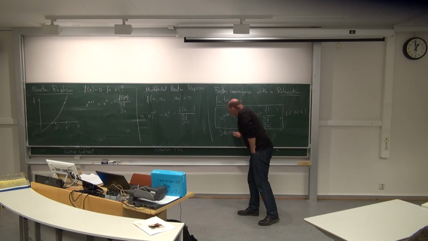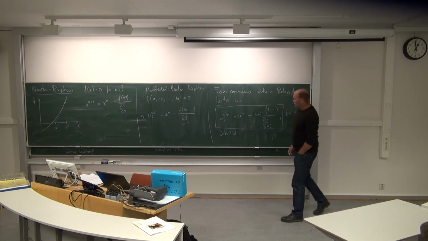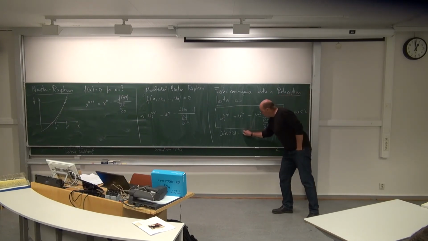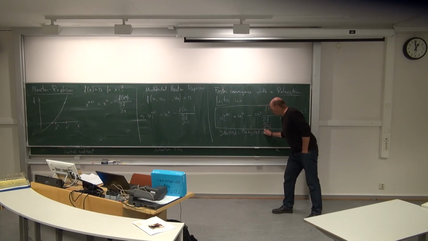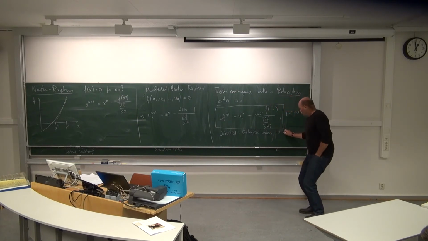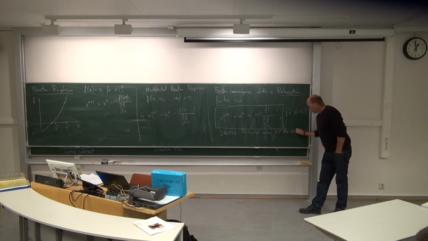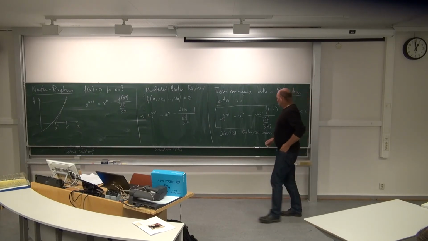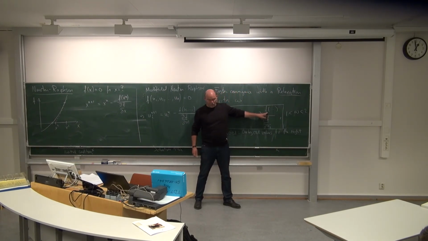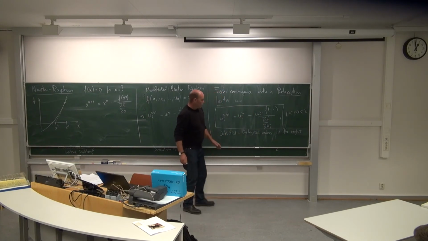Jacobi iterations: there you only use old values, to the right of the equation sign. Everything inside here, this f function, the derivative, everything should be based on old values only. That is Jacobi.